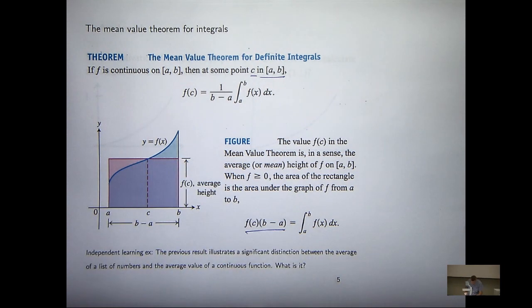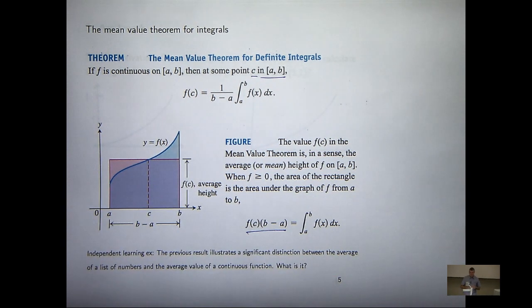So this is the area of this pink little rectangle, and we know this area represents the area under the curve. You can always find a box with a certain height such that the area under the curve and the area inside the box are the same.